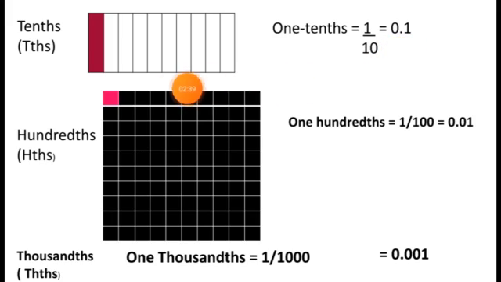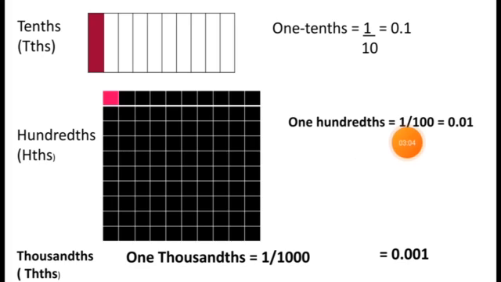In the same way, for the hundredth fractional part, we have drawn one square box and divided it into 100 parts. Out of the 100 parts, we have shaded one square box with pink color.